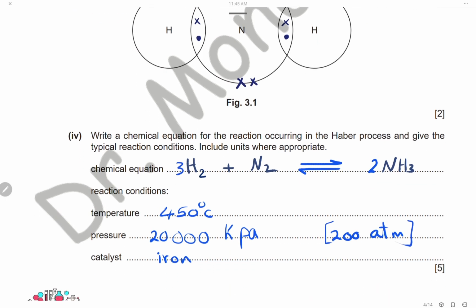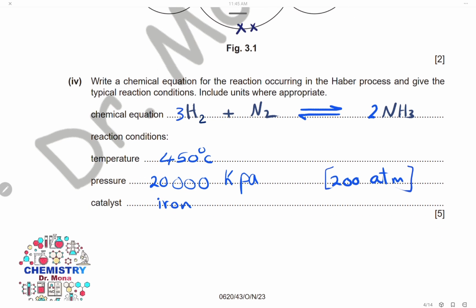Write a chemical equation for the reaction occurring in the Haber process and give the typical conditions, include units where appropriate. The chemical equation for the Haber process to obtain ammonia: 3 hydrogen molecules and 1 nitrogen to form 2 ammonia molecules. Here we have to write the equation balanced and with the reversible arrows.